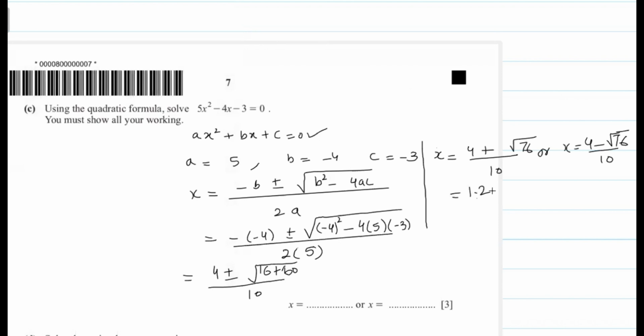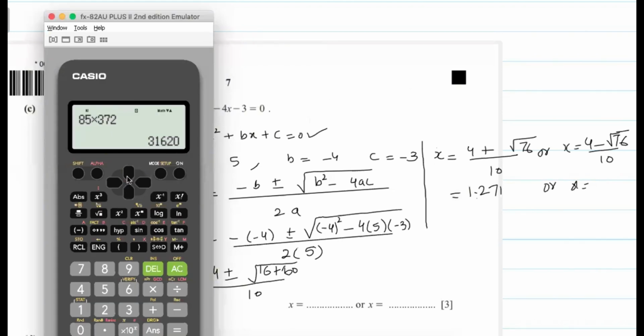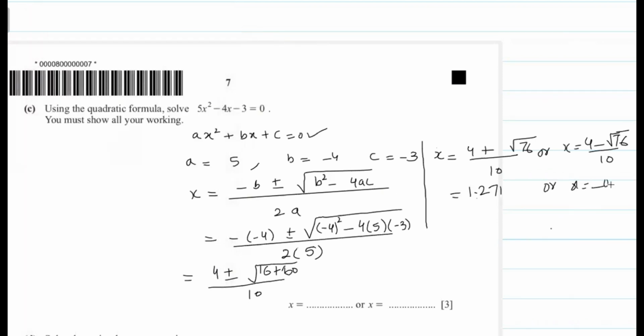We write 1.271, and the second value is 4 minus square root 76 over 10, which will be equal to minus 0.471. We write minus 0.471. Therefore, the answer is x equal to 1.27 and minus 0.471. This is the solution of this equation.